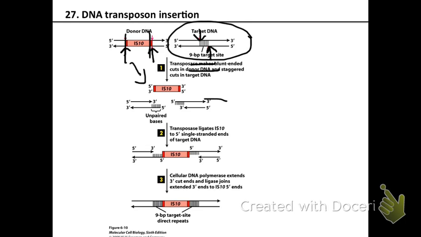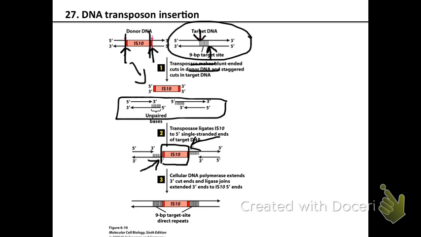So what you have is a target DNA that contains staggered cuts, a staggered end. And what the transposase does is it ligates the 5' end of the target DNA to the double-stranded transposon in one strand, and it ligates here, okay?